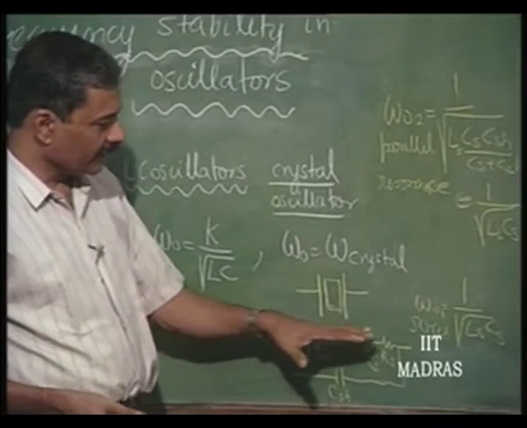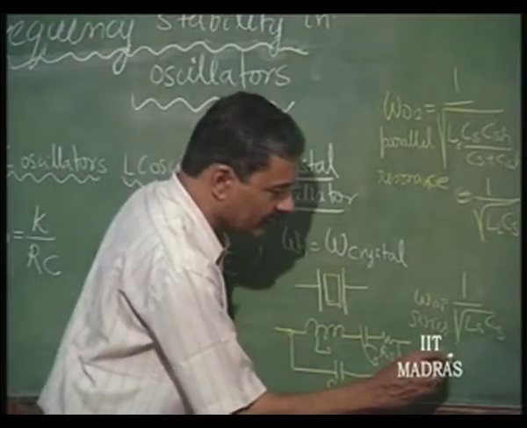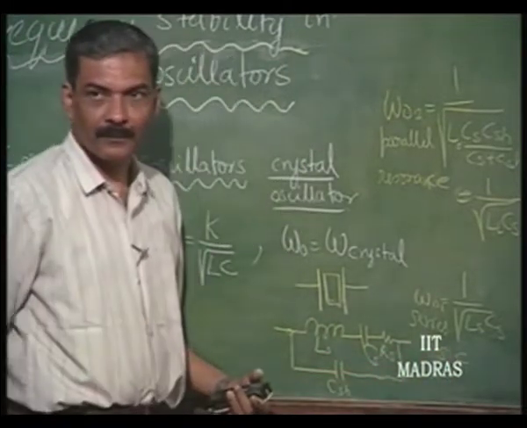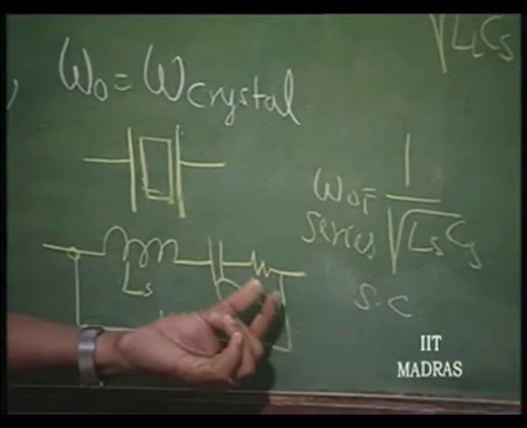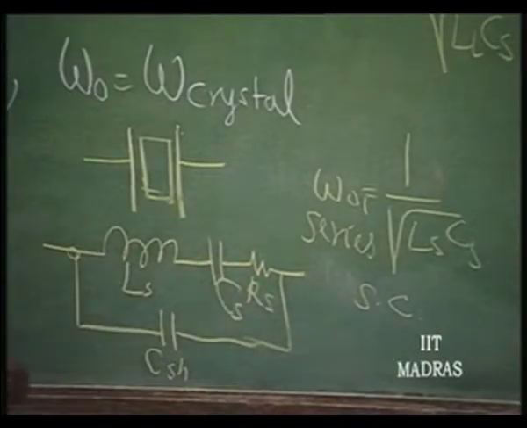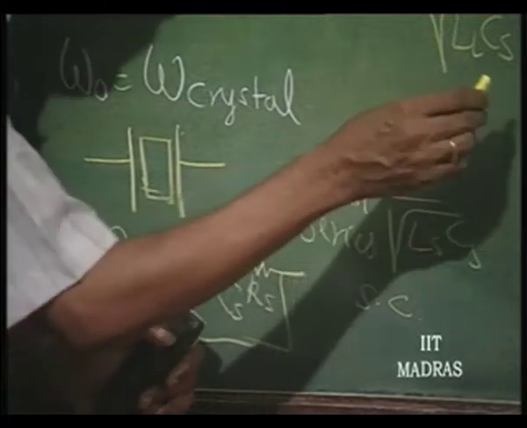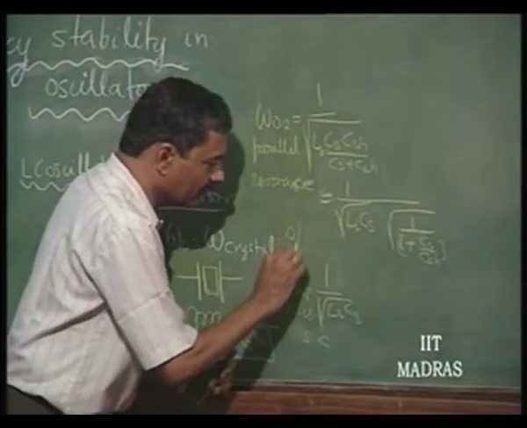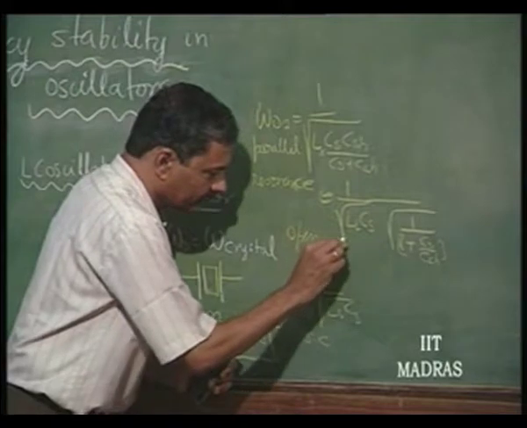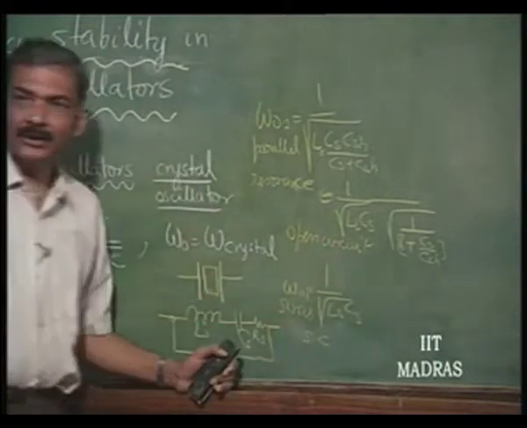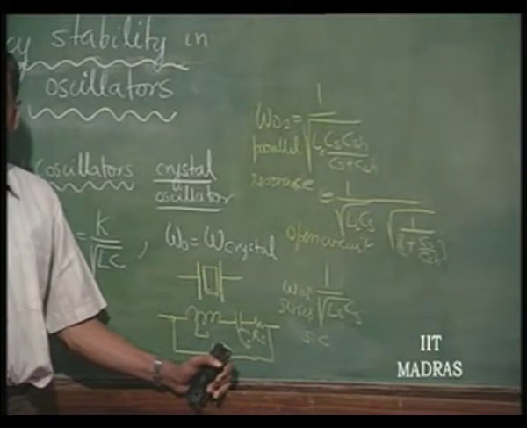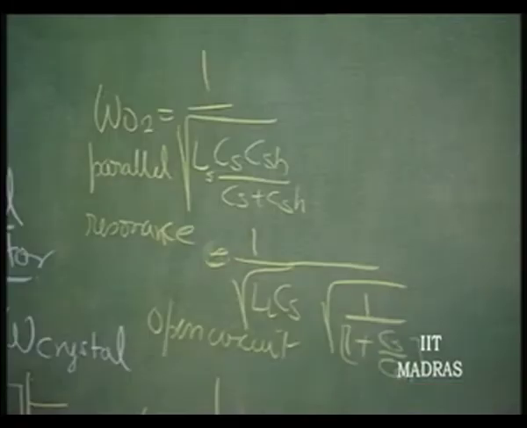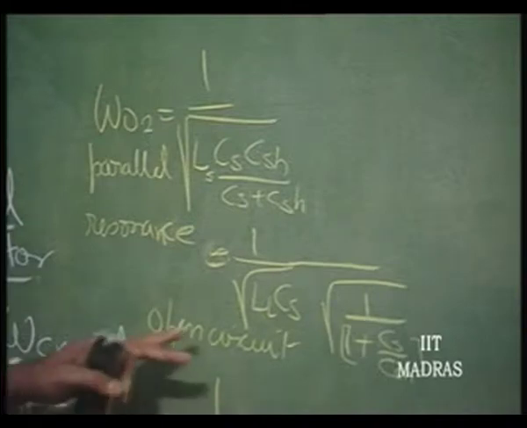For example, when it is in series resonance, it is basically a short circuit, that means a small resistance Rs in series. And at parallel resonance, it is going to be an open circuit, that means a huge resistance value, which is Q squared times Rs. Basically, the quality is very high, so it is an open circuit.